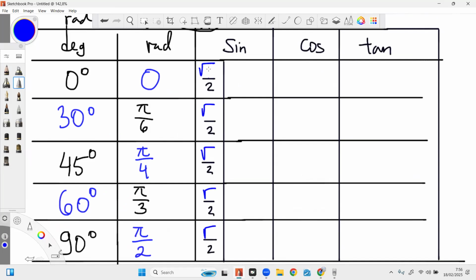And you order from 0 until 4. 0 over square root 2, 0 over 2, 0. Square root 1, 1. Square root 2, cannot, let it be. Square root 3, cannot, let it be. Square root 4, 2. Over 2, 1. That's how you memorize. Okay?